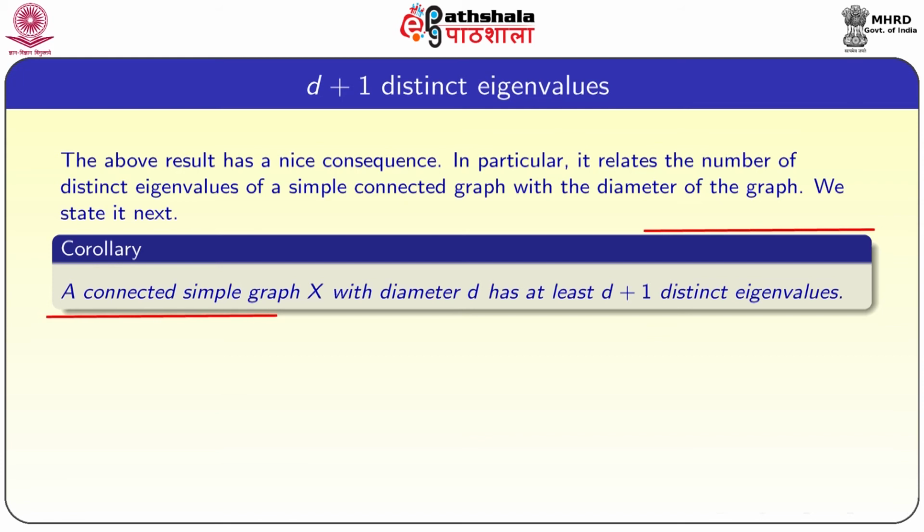A connected simple graph X with diameter d has at least d plus 1 distinct eigenvalues. Though it is a direct consequence of the previous result, this is a very powerful result: the diameter d and the distinct eigenvalues are related. We will use this corollary several times.